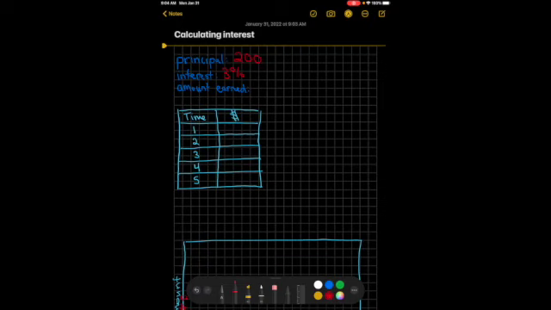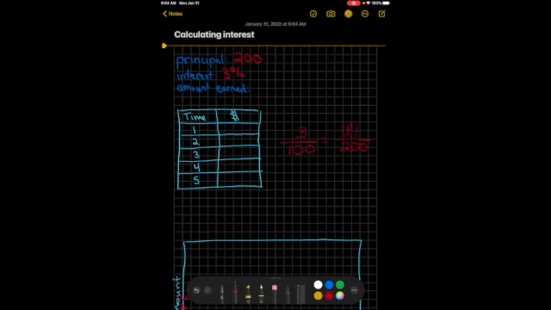So if we're going to be figuring this out, we have to figure out what is 3% of 200. We're going to do that just like we have with our two side-by-side proportions. So we're looking at a 3% interest. We do part over whole, and our whole here is 200. So this is what we're looking for.